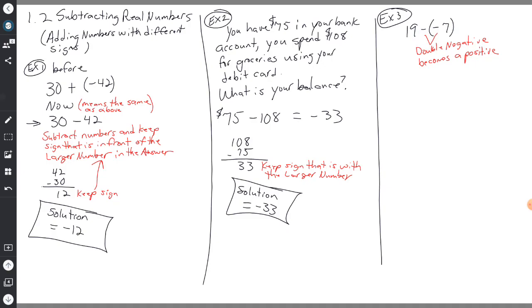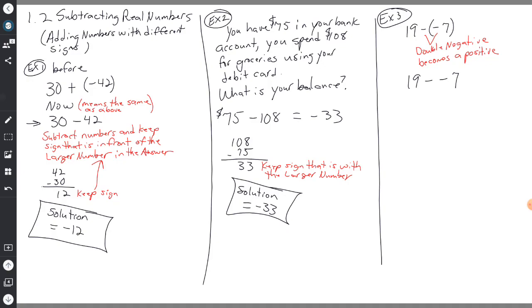The parentheses doesn't really mean anything. The absolute value does mean something. The parentheses is only to hold it. We could write this the same way as 19 minus a negative 7, but generally we don't do it that way.